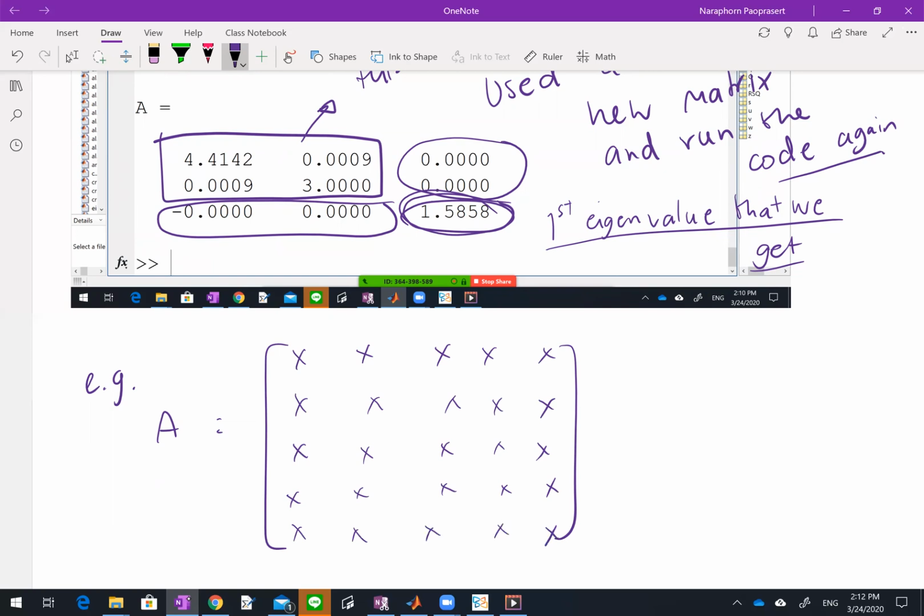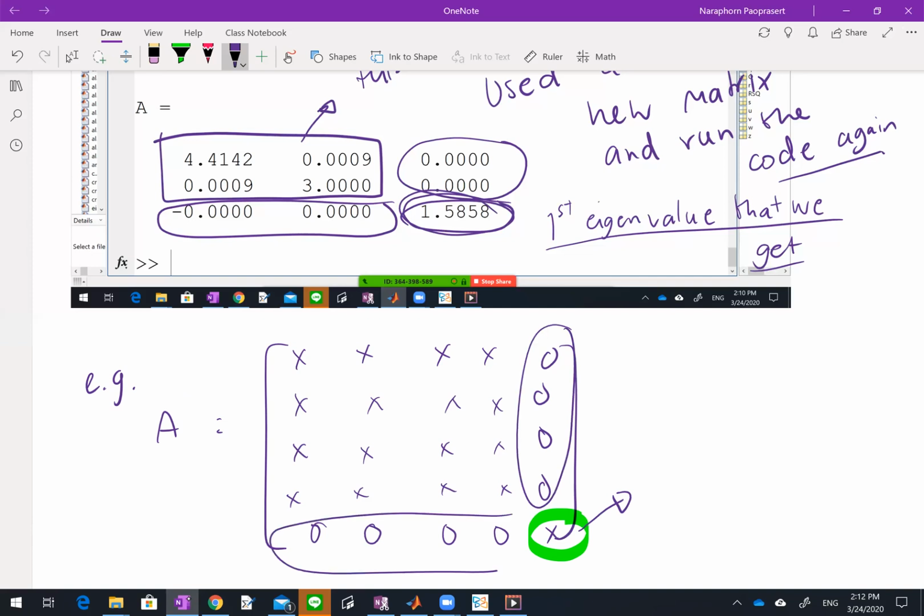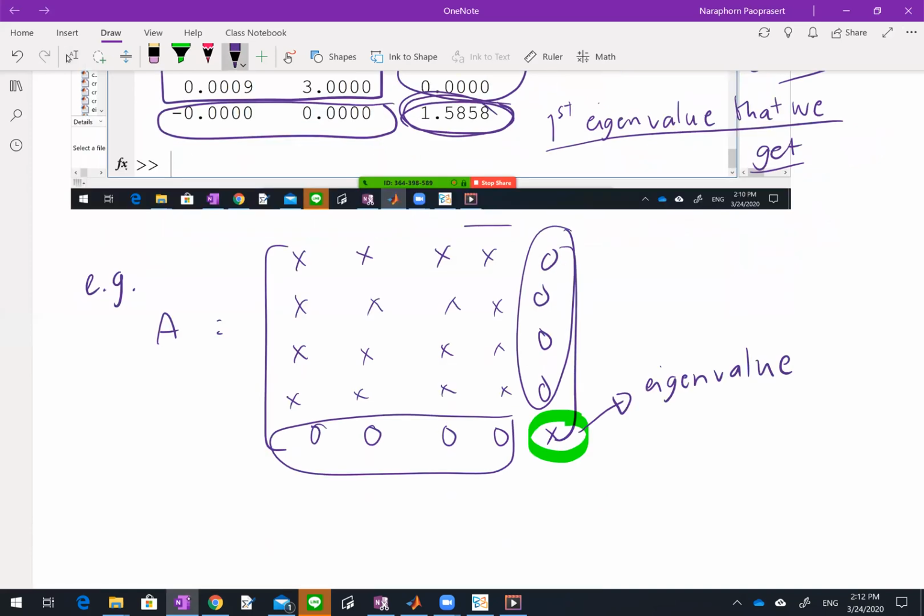If you run A and eventually after the first time you run the QR method, you get something that looks like that, with 0, 0, 0, 0, 0 in the last row. So the first time that you run, this is going to be your eigenvalue. If you get everything here to be 0, then this is your eigenvalue.